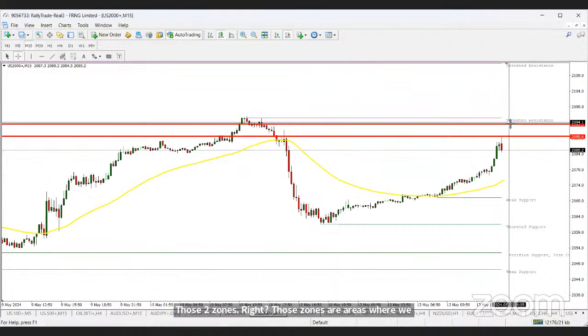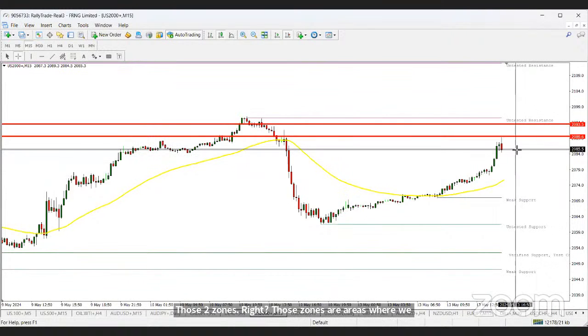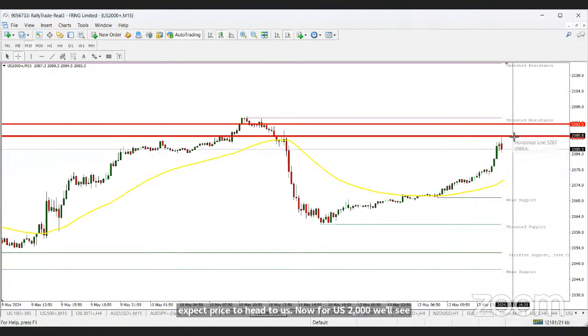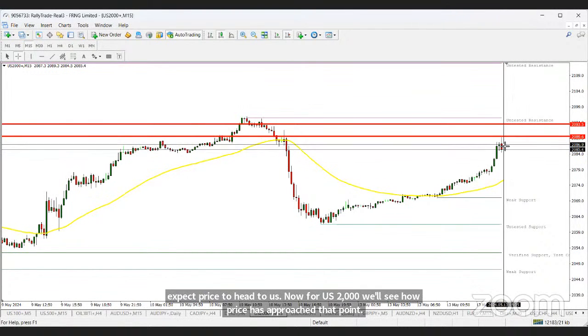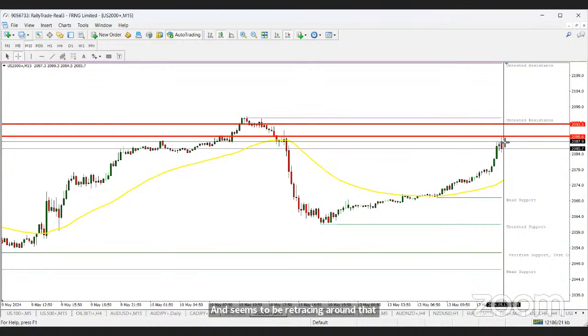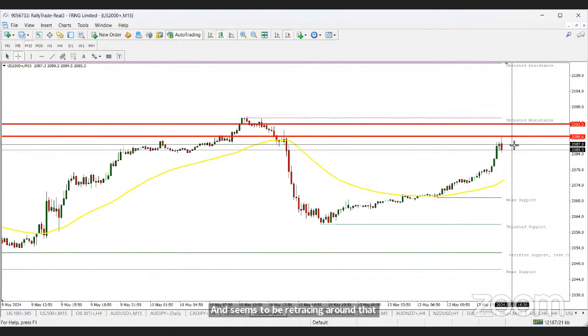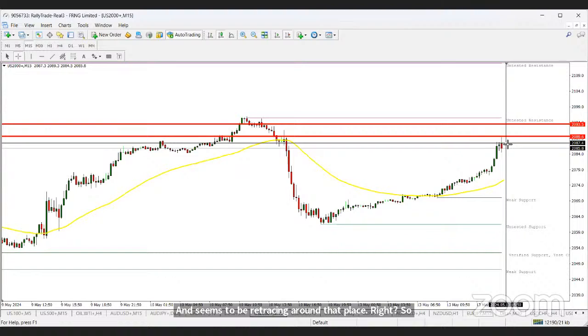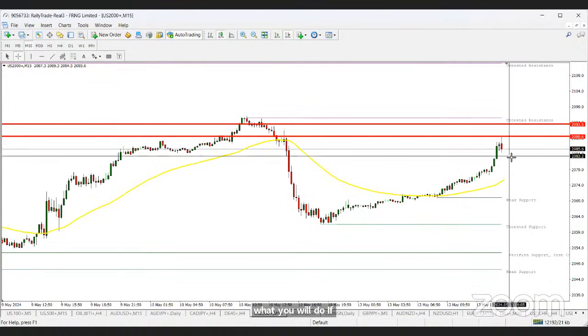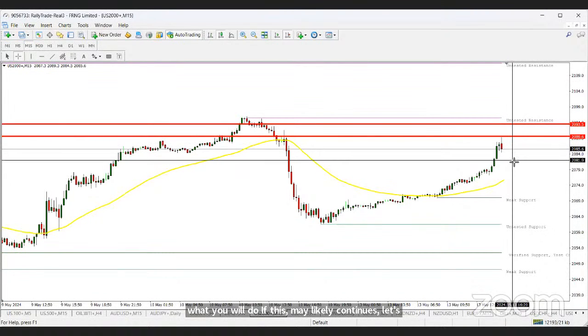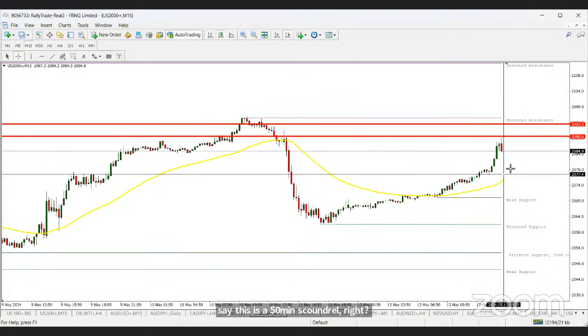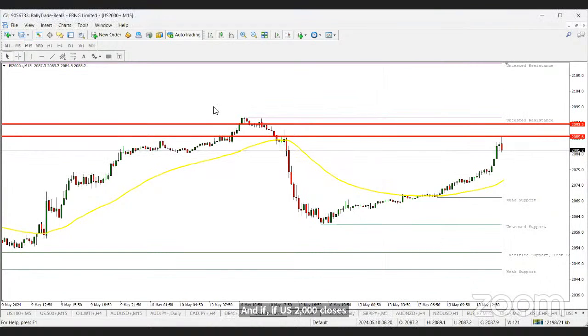Now for US 2000, we'll see how price has approached that point and seems to be retracing around that place, right? So what you will do, if this retracement likely continues, let's say this is a 15-minute candle, and if US 2000 closes below, personally, I think the best US 2000 will do is come to this particular point here.